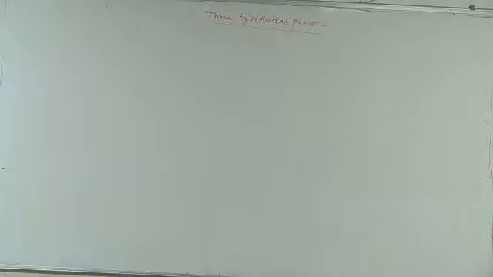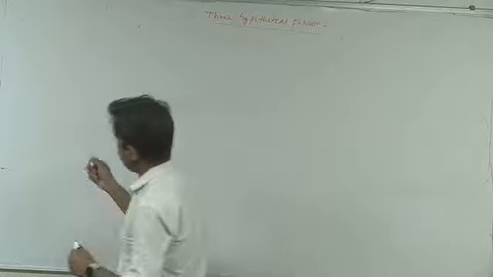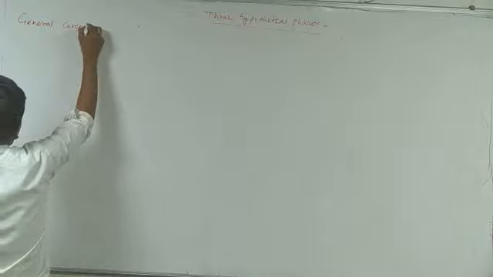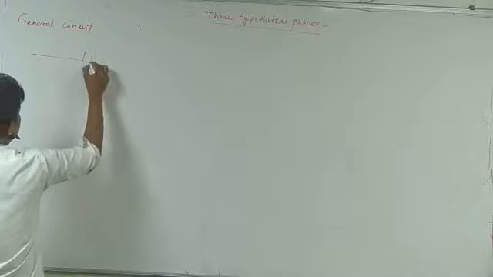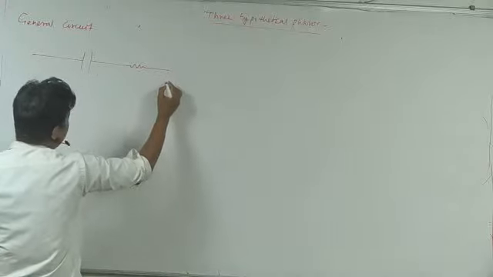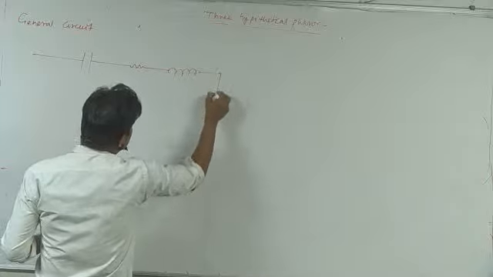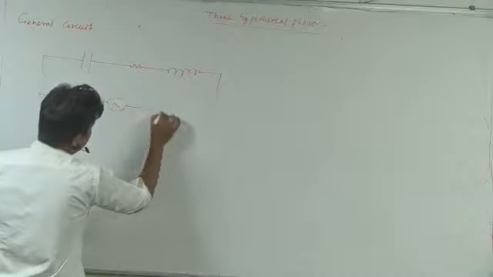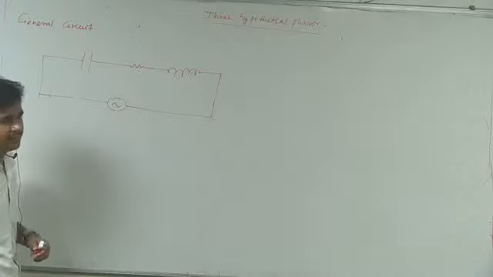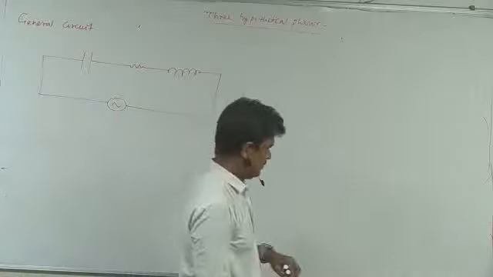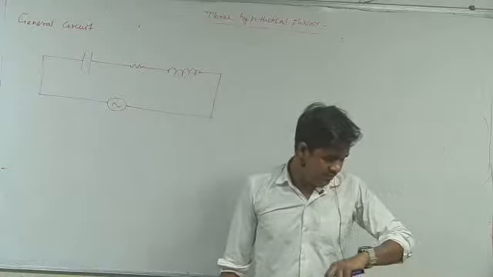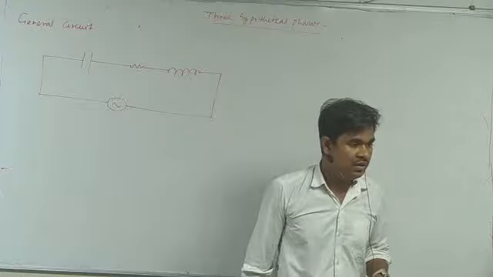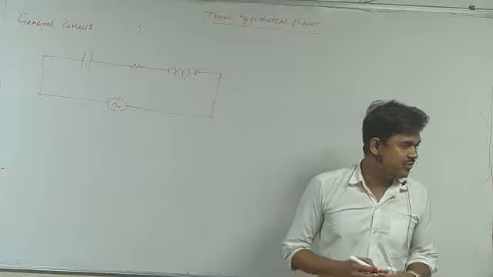Okay, so we have a general circuit which involves all three: capacitor, resistor, and inductor. If I ask you, if anything has to be the same through all of them, what will be the same?